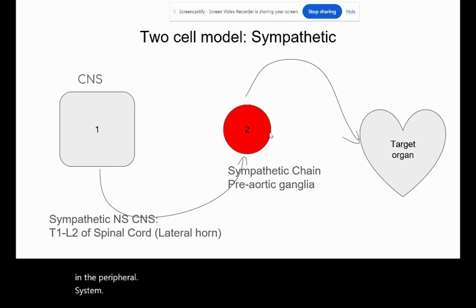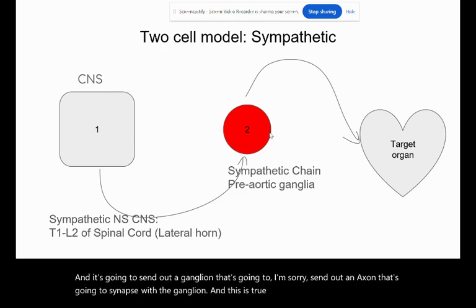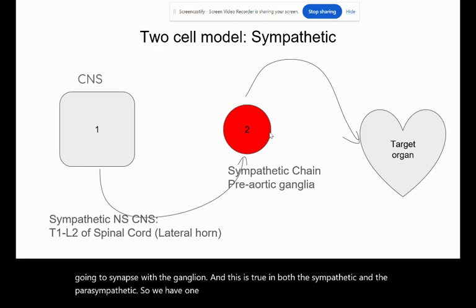That axon is going to synapse with the ganglion. And this is true in both the sympathetic and the parasympathetic. So we have one cell, the main cell, and it sends out an axon, a pre-ganglionic fiber.